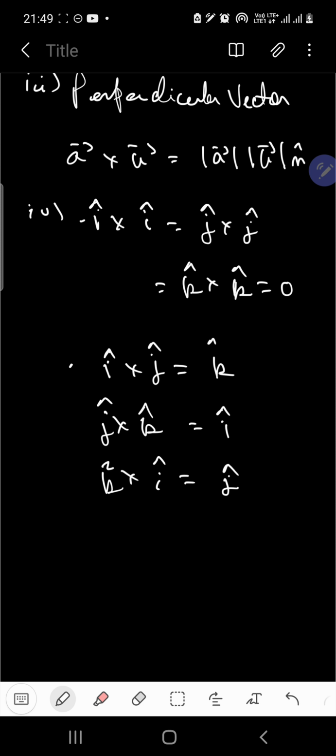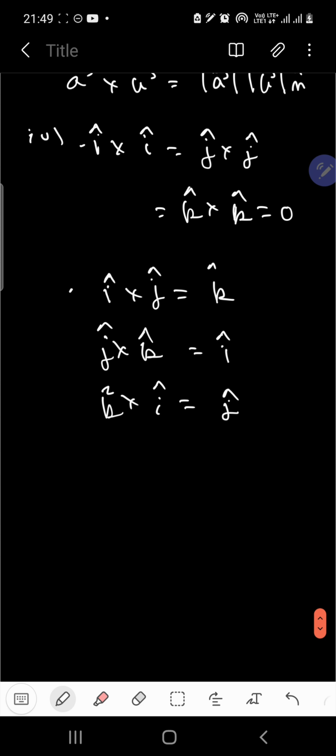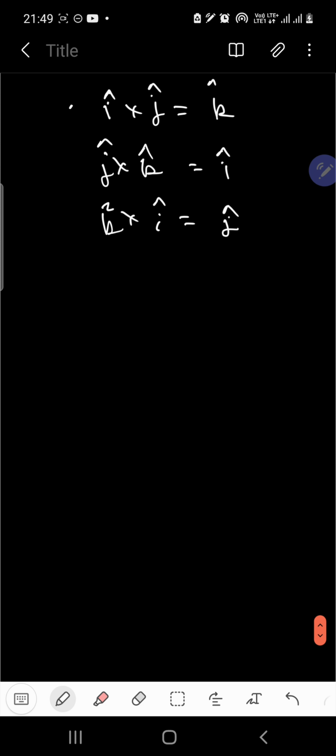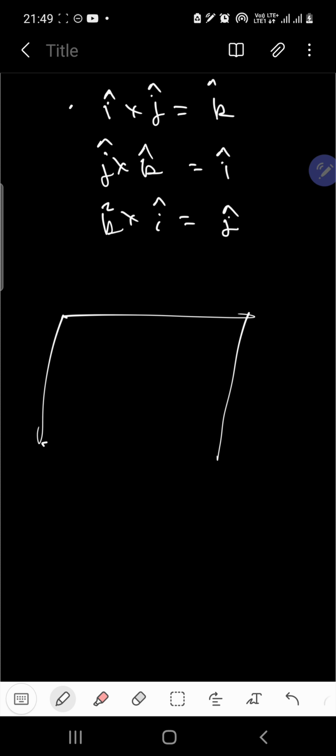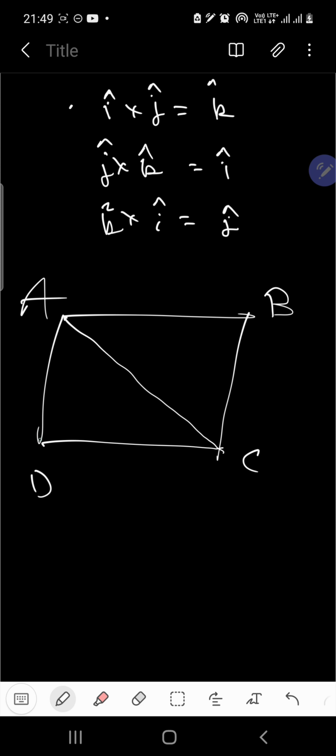Next we have a very important application of the cross product, that is if you have a parallelogram. Suppose this is a general parallelogram ABCD, and we draw its diagonals. Suppose this diagonal is given by A vector and this diagonal is given by B vector.